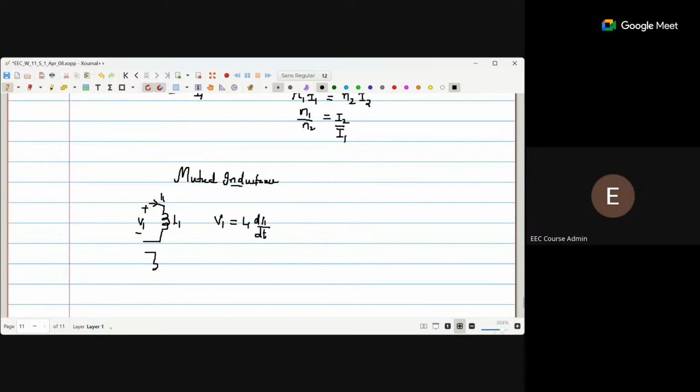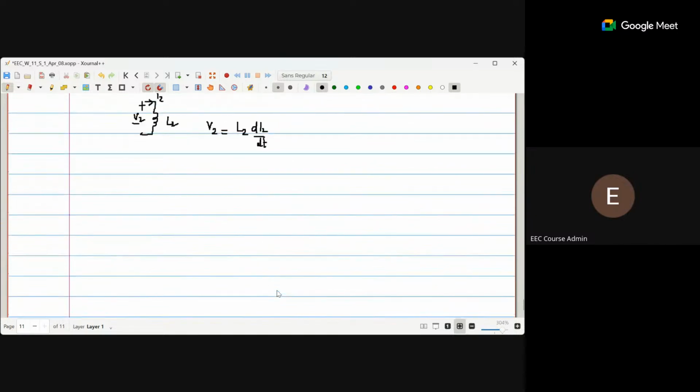Similarly for another coil L2, we write V2 equals L2 dI2 by dt. Now in the transformer, we have primary as well as secondary windings, which are tightly coupled to each other, with N1 to N2 turns.